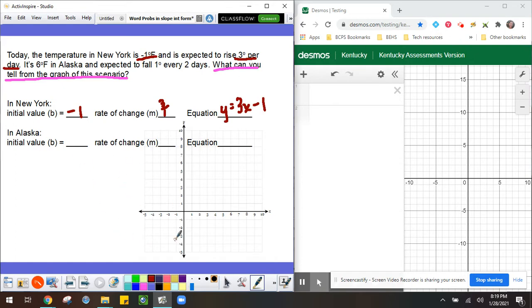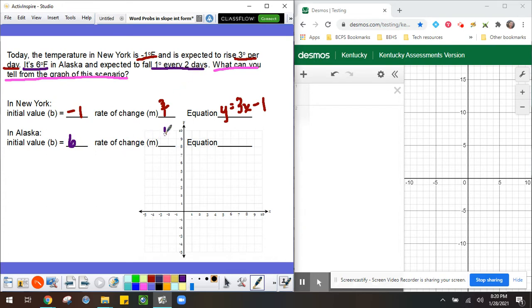Now let's talk about Alaska. It says it's 6 degrees in Alaska and expected to fall. That sounds like a slope or rate of change word, 1 degree every 2 days. So we're going to start off with 6 degrees. That is my initial value, 6 degrees. And it is expected to fall 1 degree every 2 days.